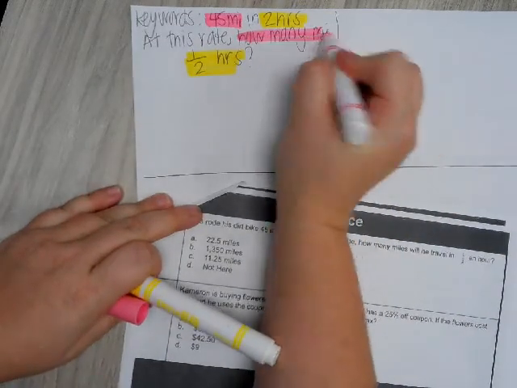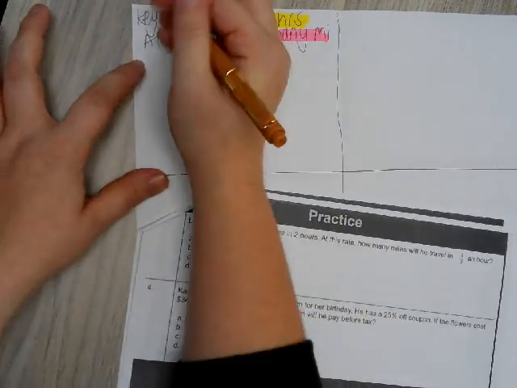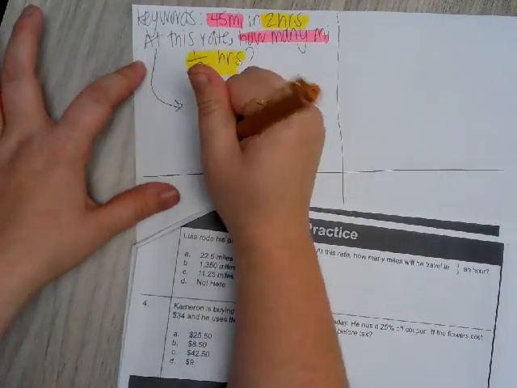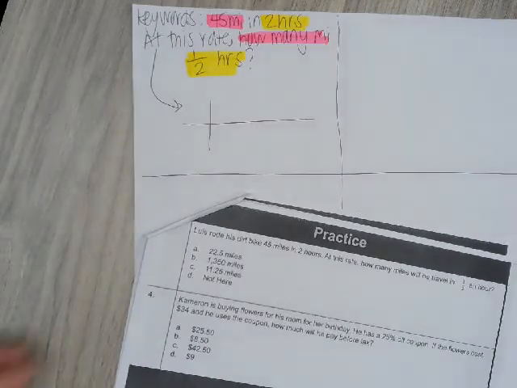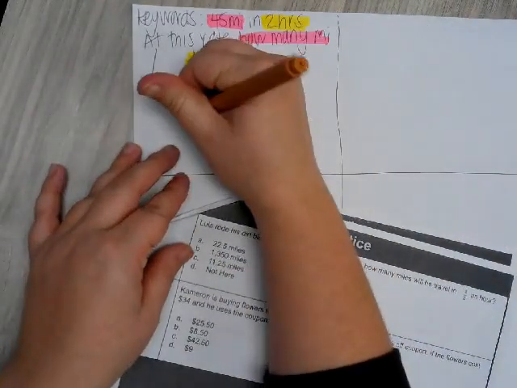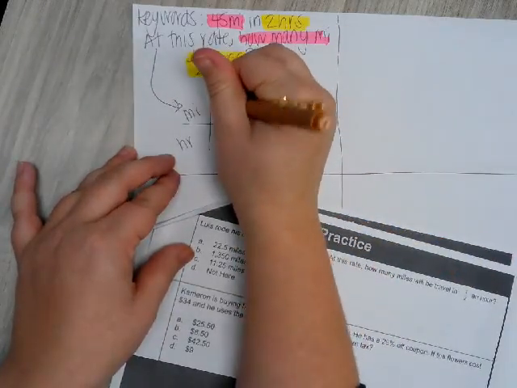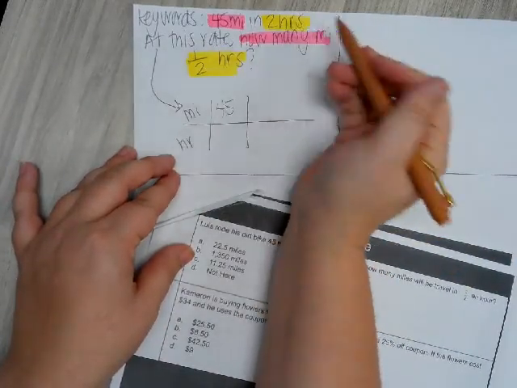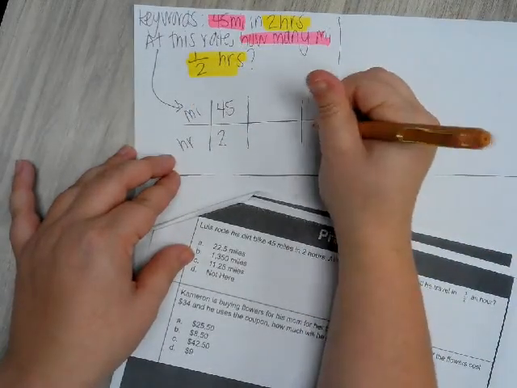Anytime you have "at this rate," it always means either a ratio table or a proportion. What two things are we comparing? We're comparing miles and we're comparing hours. So we know we have 45 miles in how many hours? 2, right? But I want to know for 1.5.